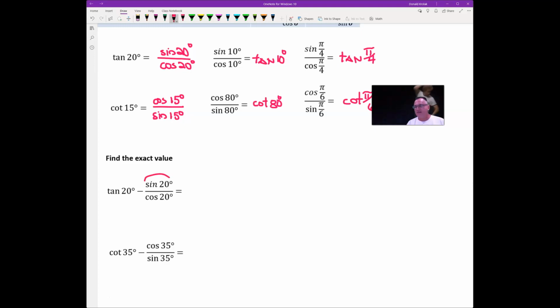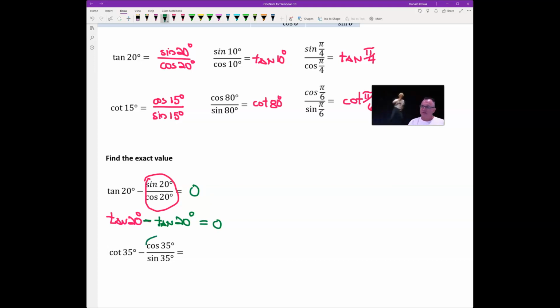I can take this and rewrite it. What I just circled there is the same as the tangent of 20 degrees. Now we're subtracting them. These are the same, so if I subtract the two of them, I'm going to get 0.